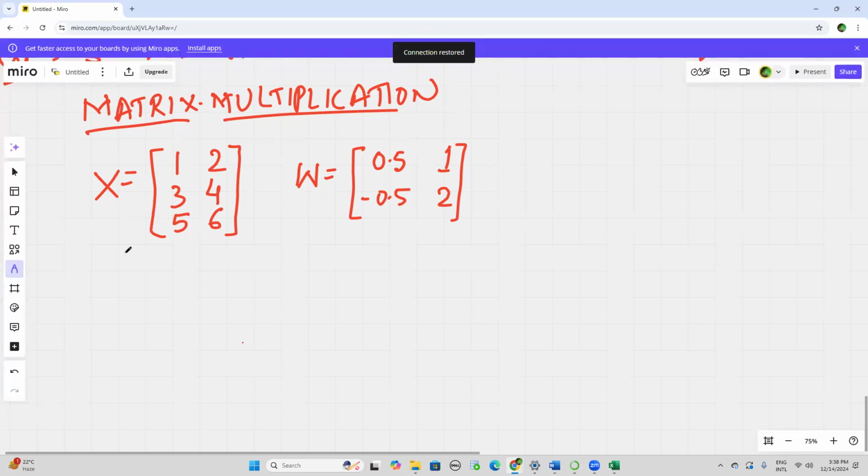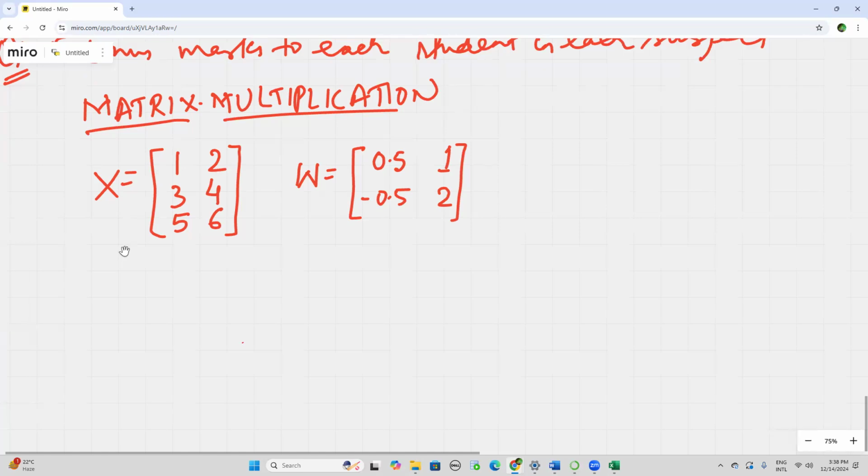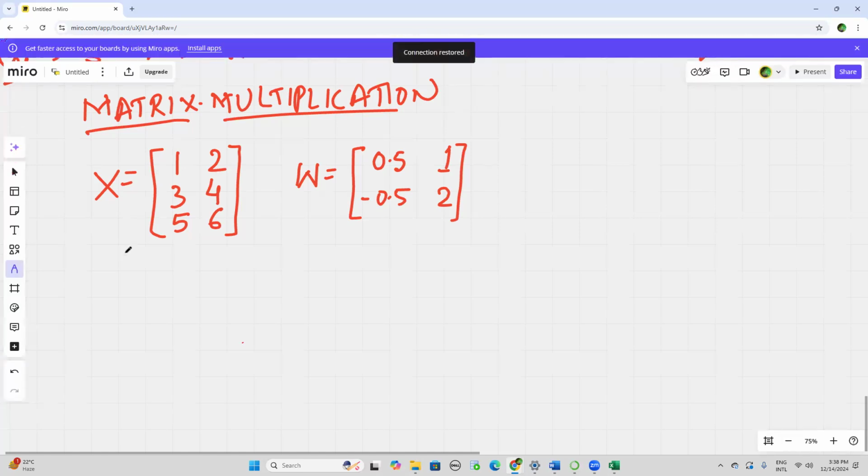Hello, am I audible? Yes, audible. Now you are audible. Okay, sorry. So I was telling, in this matrix X, how many rows do you have? Three rows. And how many columns? Two. So we will say that this matrix X is a 3 by 2 matrix.